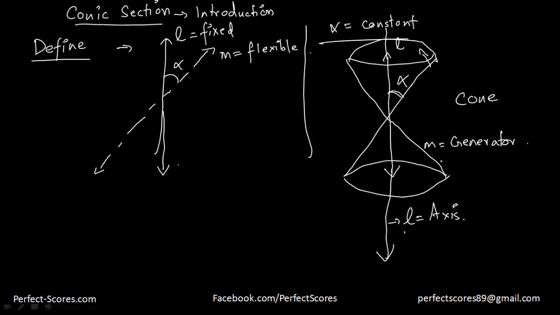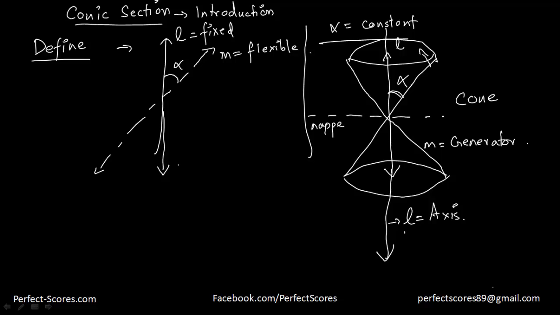And then you have this vertex, which divides the cone into two parts, called nappe, written N-A-P-P-E.